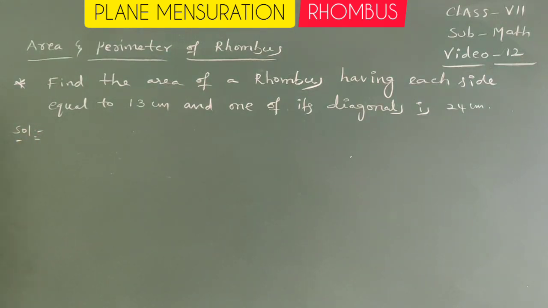Now we need to find the area of a rhombus having each side 13 and one of its diagonals 24.